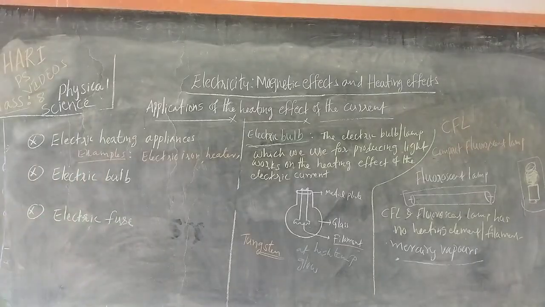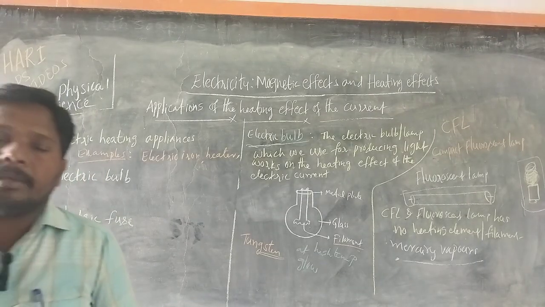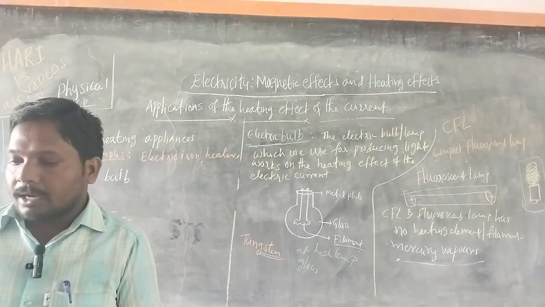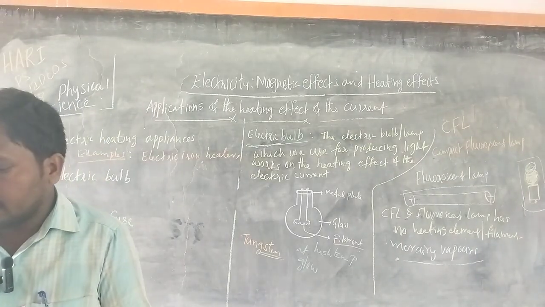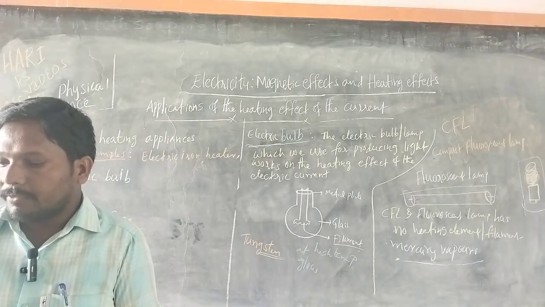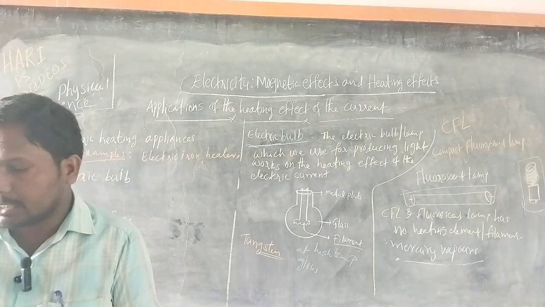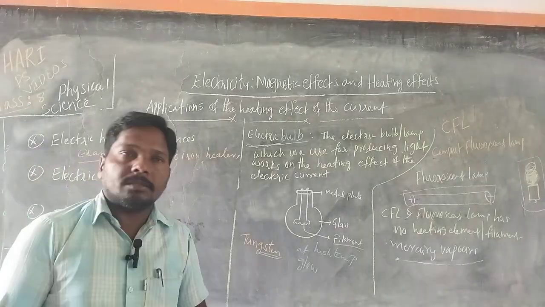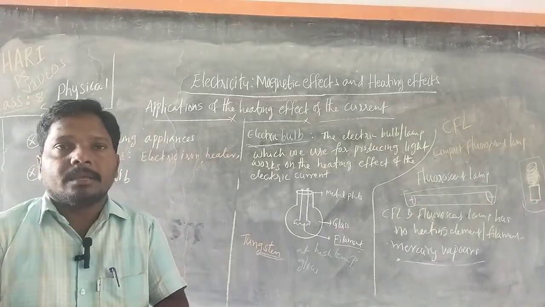The fluorescent tube lights and CFLs are initially more expensive, but their running cost is much less because they consume much less energy, and they also last much longer. They work for longer times.